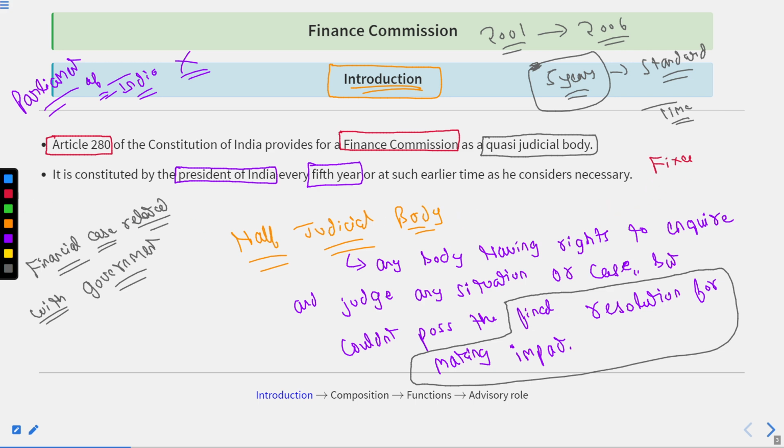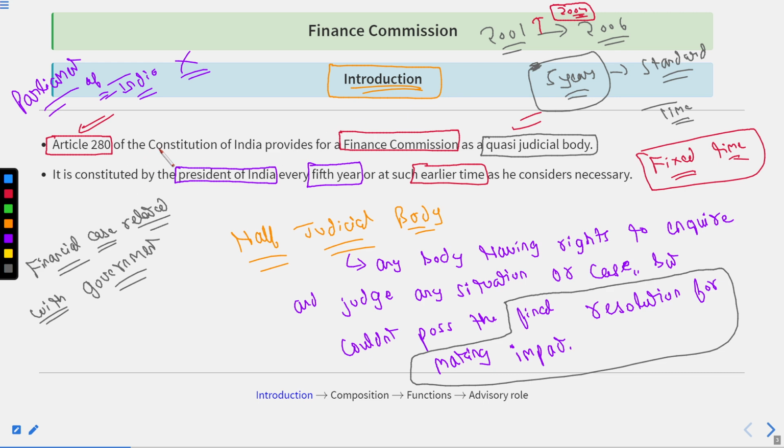It totally depends upon the President of India: if he considers that it must be appointed earlier, it could even be appointed in 2004, just 3 years after the appointment, which is not the completion of the 5th year. So it's totally dependent on the President. But as the standard time, it's 5 years. Got it? And this is an article. This is the nature.